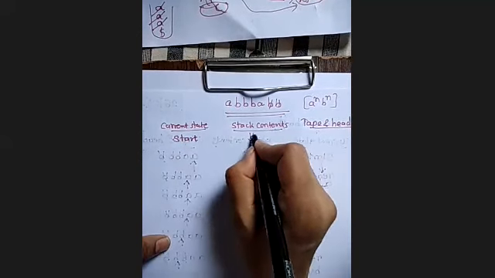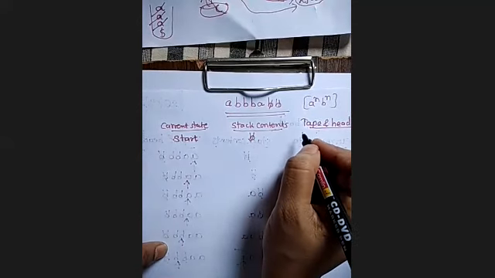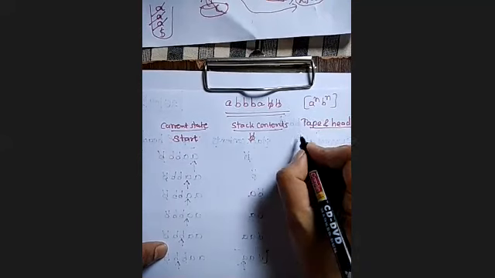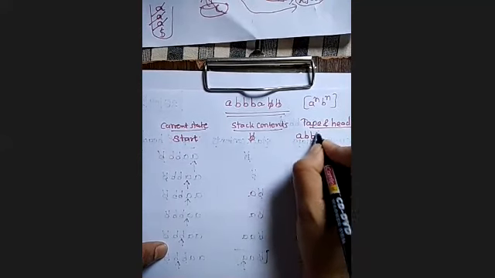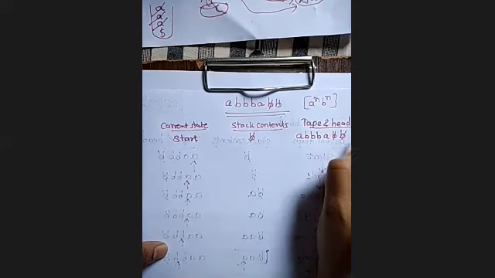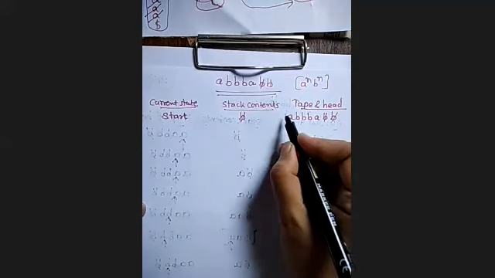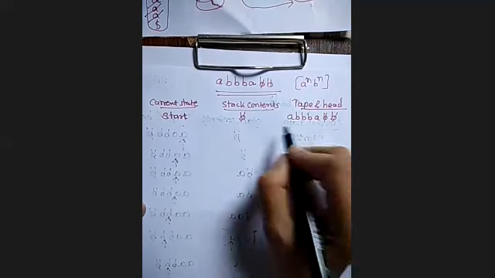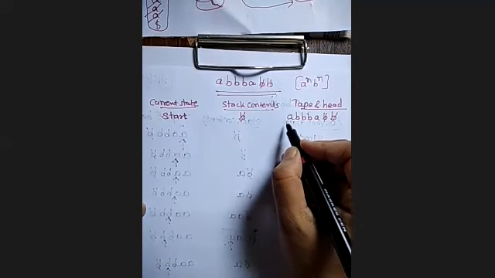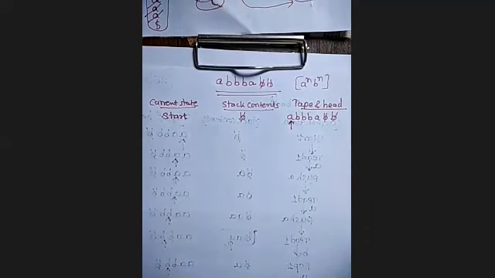Stack initially is always empty, so blank character initially, and your input A, B, B, B, A is written on the tape, and once the input ends, there can be any number of blank characters. As we have seen, the tape is unbounded on the other end and fixed at the left end, and your head pointer points to the first symbol initially.